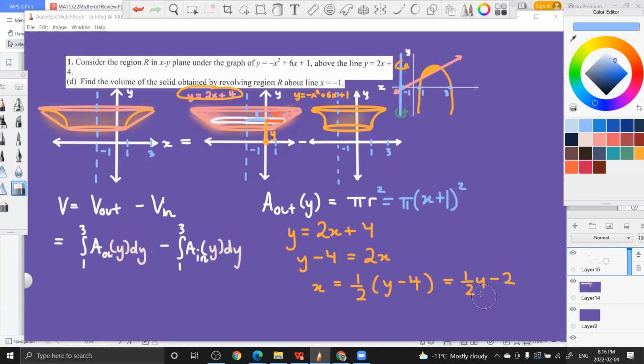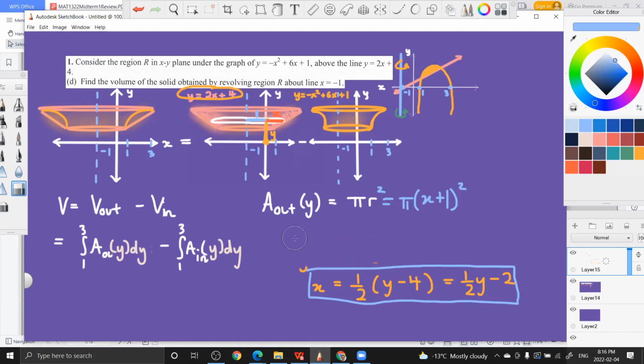Can I erase this? So we found the value of x for the outer function. It's 1/2 times y minus 2. So this is equal to pi times x, which is 1/2 times y minus 2, plus 1, to the power of 2.